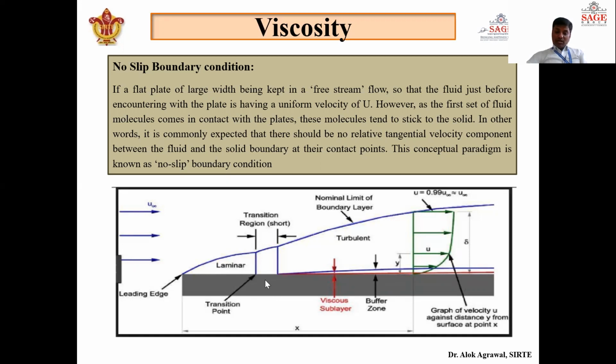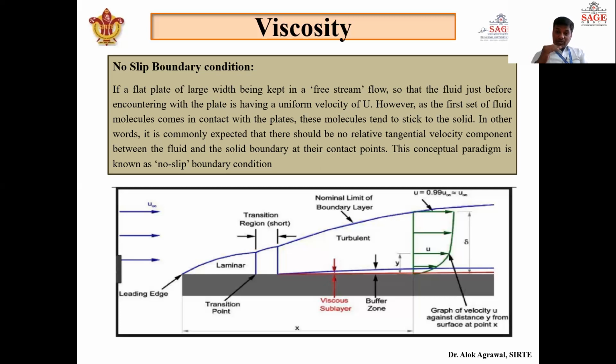Now suppose the plate is moving with a certain velocity other than the free stream velocity. In that case, what will happen? Again, I put this plate in a free stream flow, and the velocity of the plate is, suppose, capital U. The fluid that comes in contact with the plate will attain the same velocity as the plate, that is capital U. So again, the layer directly in contact with the plate is not slipping over the plate.